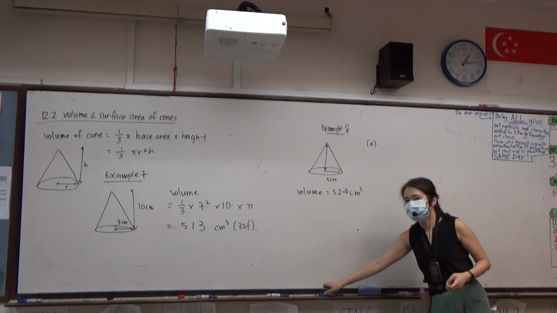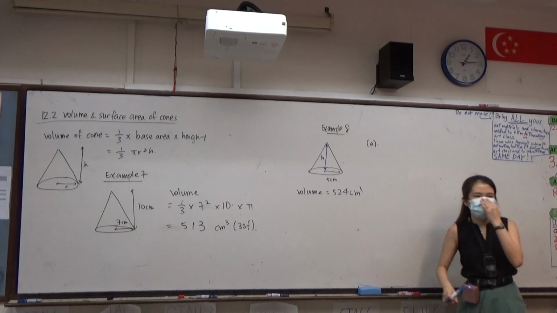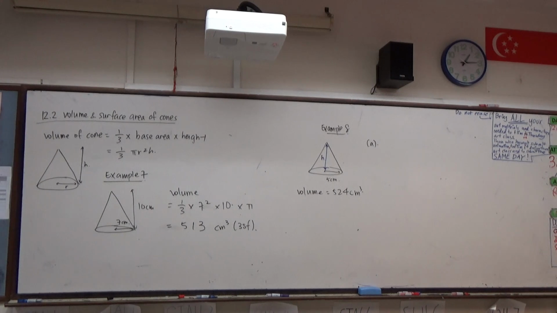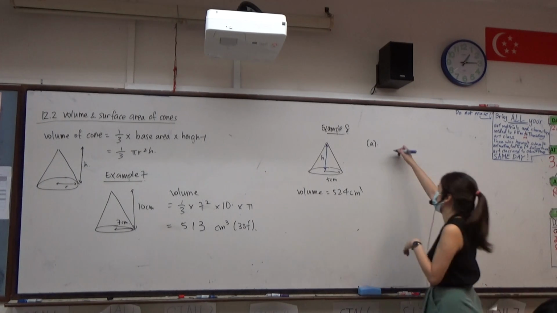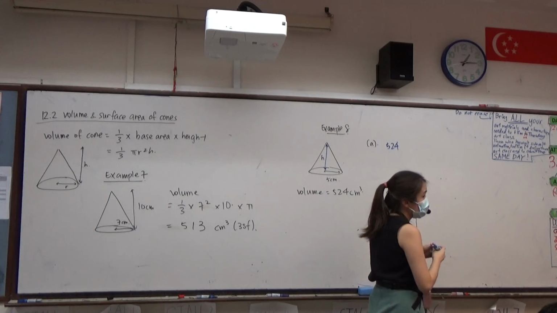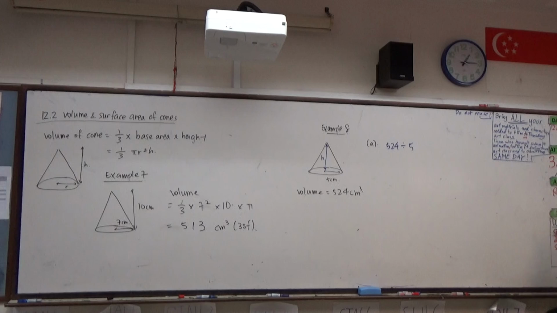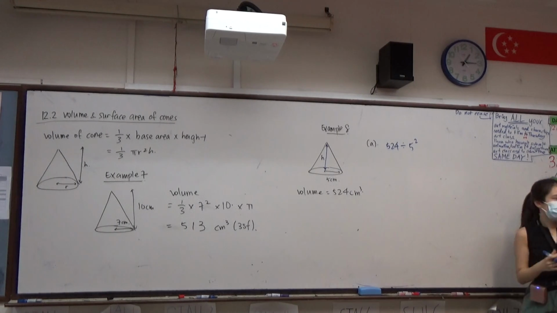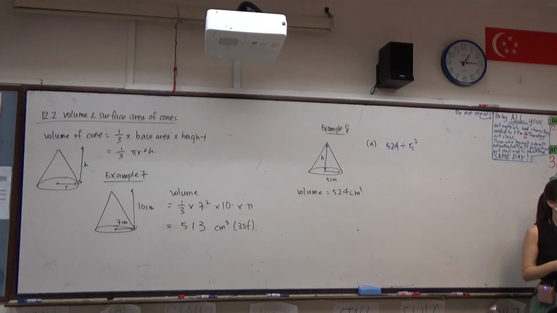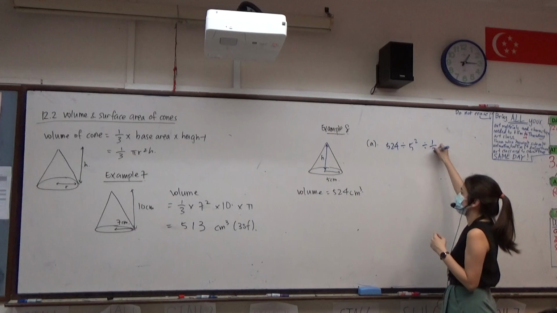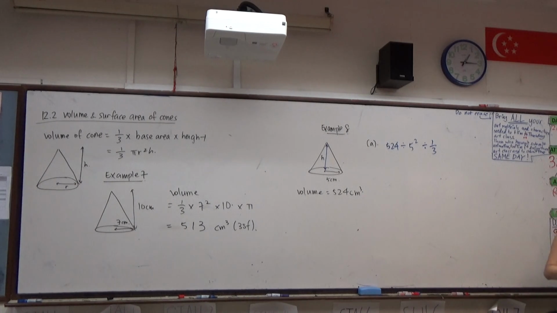How do I find out what is the height? Can you form for me an equation? 524 divided by 5, then square, divided by 1/3, and then divided by pi.